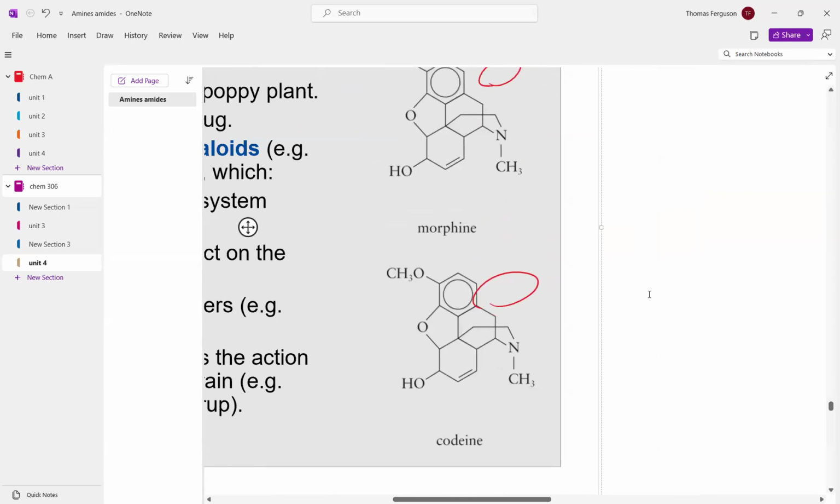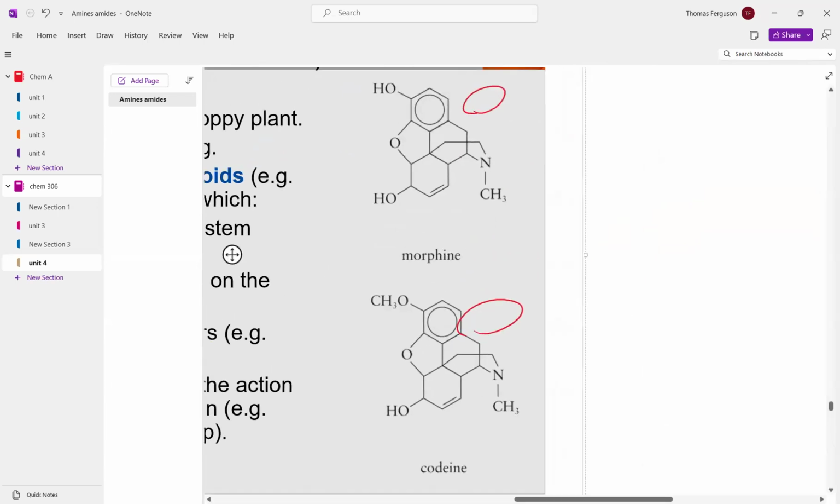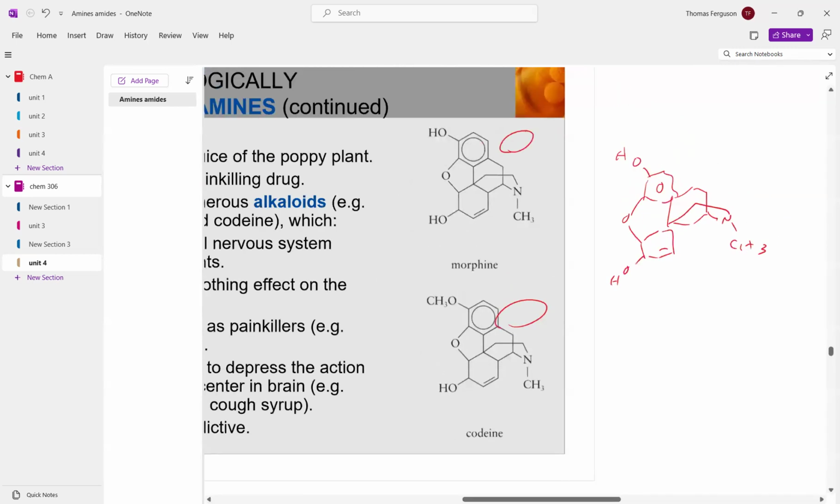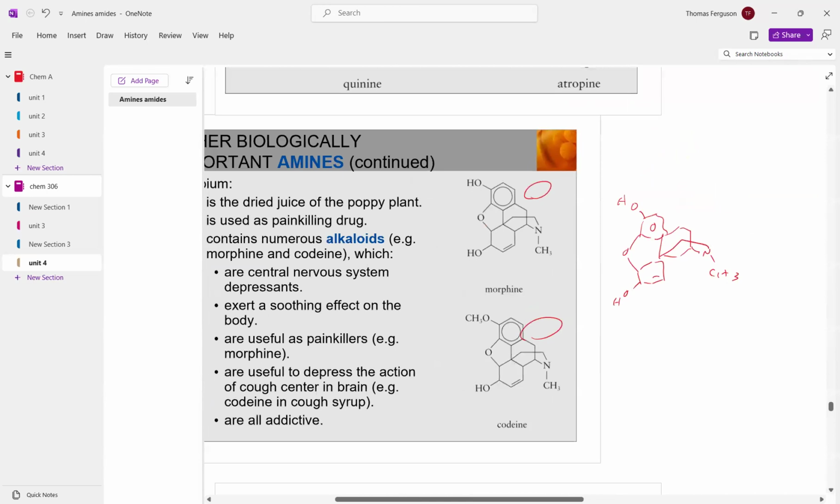And let me show you another modification you can do from morphine. Okay, so that's morphine.